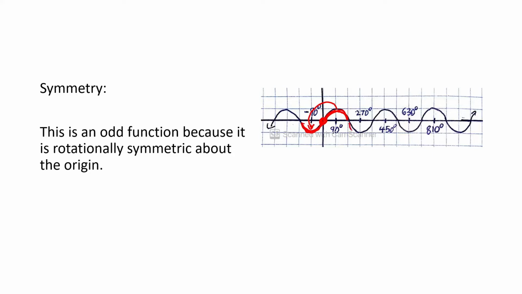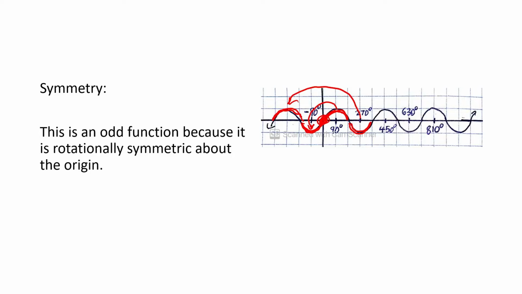And if you did the same thing with this one, rotated that 180 degrees, again about the origin, it would end up exactly here. And so what we see is that this entire right half of the curve can be rotated 180 degrees onto the left half of the curve, and similarly the left half of the curve could be rotated 180 degrees onto the right half.